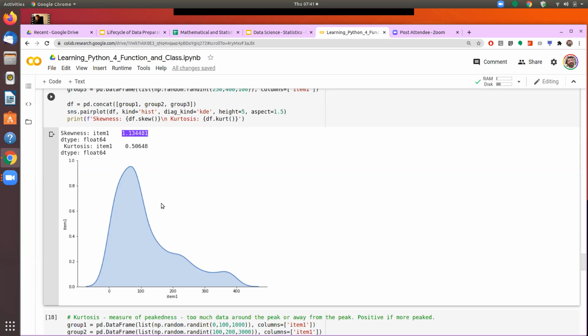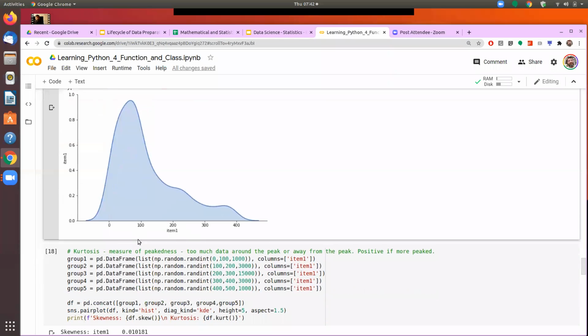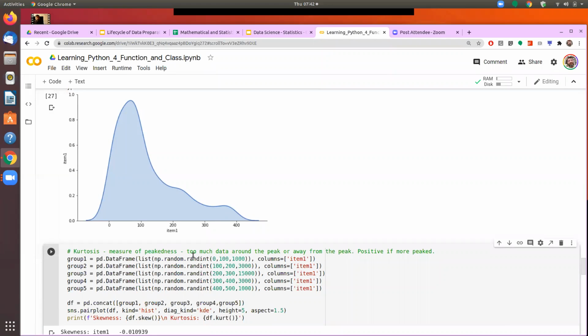Kurtosis is a measure of how the data is centered around the peak. So let's take some more examples. In some cases you will have a very sharp peak, or most of the data will be centered around the peak and not really dispersed too much.